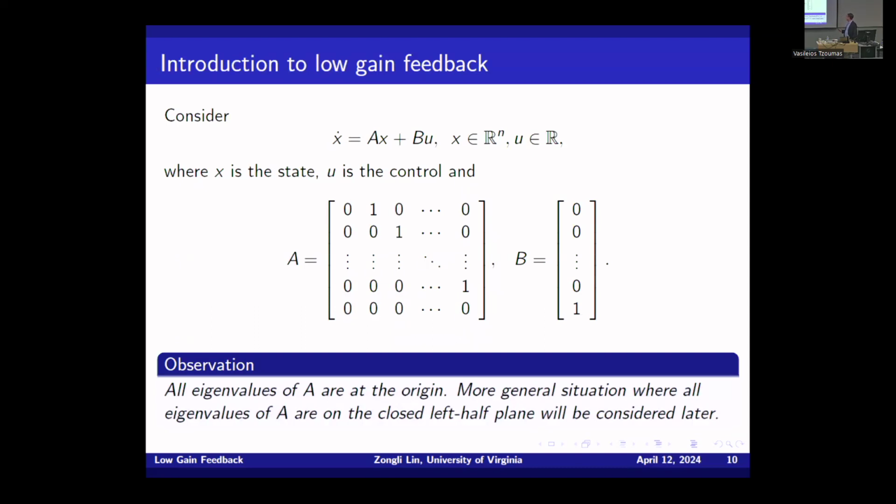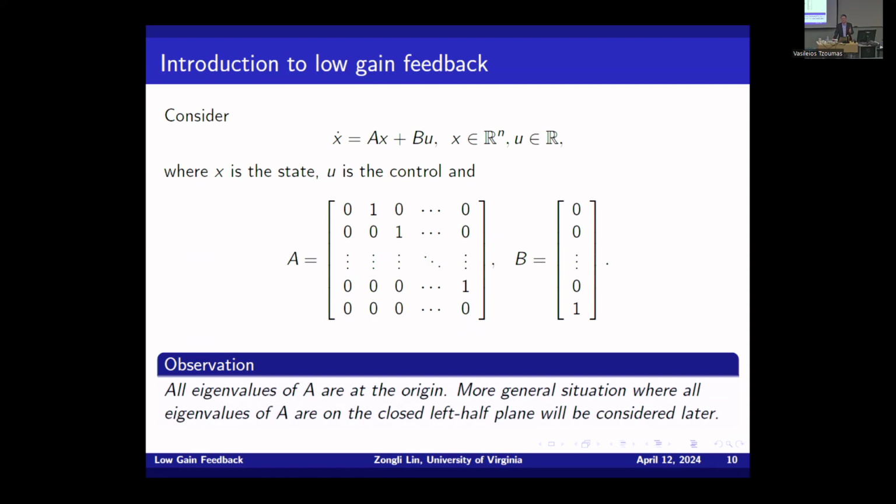So for low gain feedback, I'm considering state feedback, with this pair A and B. This pair A, B is more special than the pair I used to consider for high gain feedback, right? Basically, these are all 0. So this means I'm assuming all the open loop poles are at the origin, a chain of integrators. But actually, low gain feedback allows the poles not to be at the origin; they could be anywhere on the j omega axis.